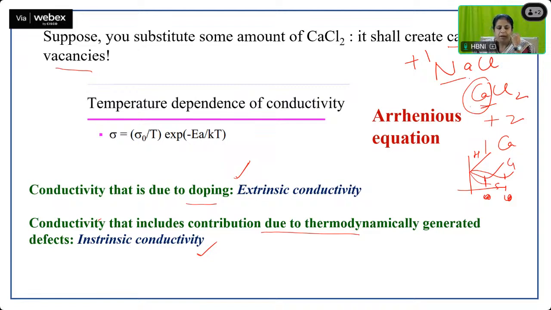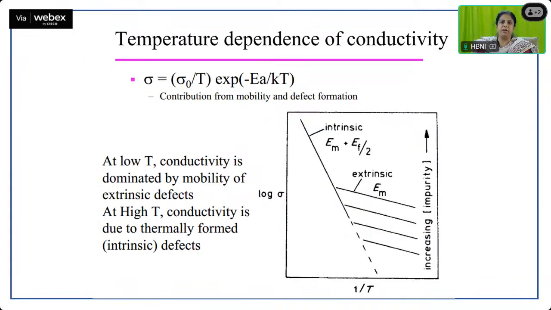Are we good? Now, I measure conductivity. The conductivity formula is given by this, where this is your pre-exponential factor and this is your activation energy, the energy required for the ions to move, irrespective of whether it was extrinsic or intrinsic.